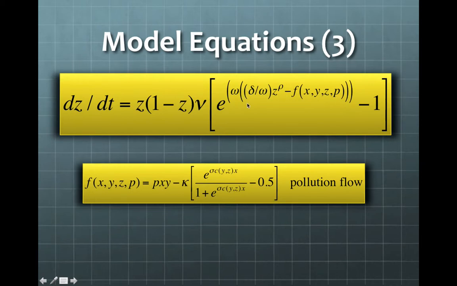It'll be positive as long as this term, which is the term that regenerates nature, is higher than this term, which is the pollution component. So if the regeneration is higher than the pollution production, then nature will grow. If it's the other way around, it may decrease.